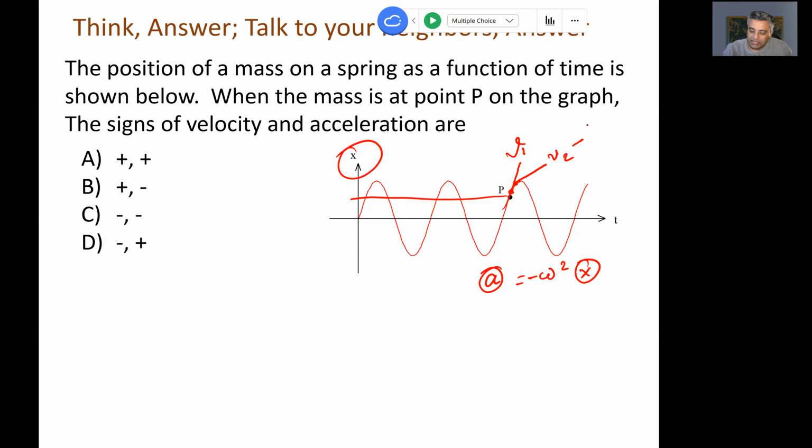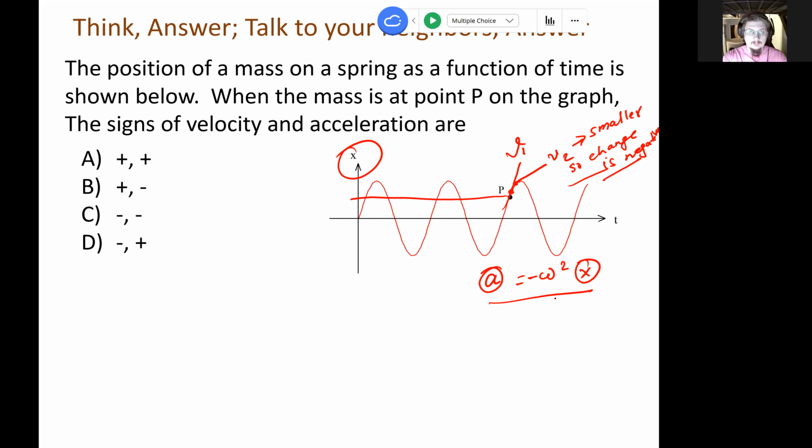So V2 is smaller, slope is smaller than V1. So change is going to be negative. And acceleration comes from change in velocity. So that's one way to look at it. Another way, just look at the formula, okay?